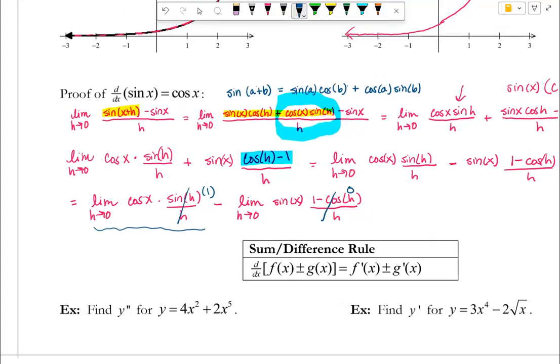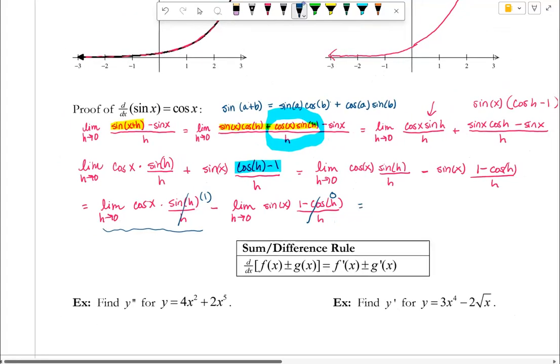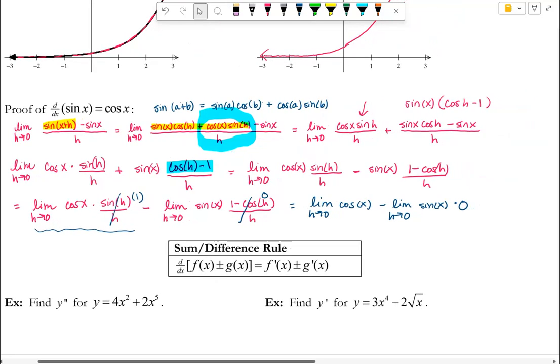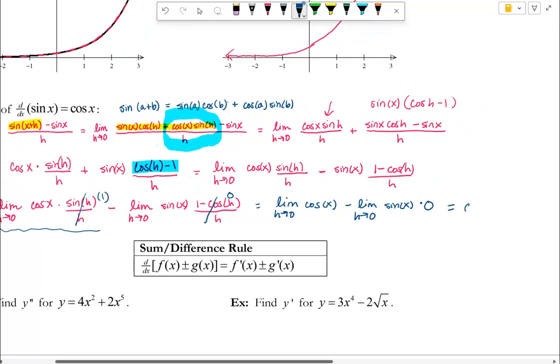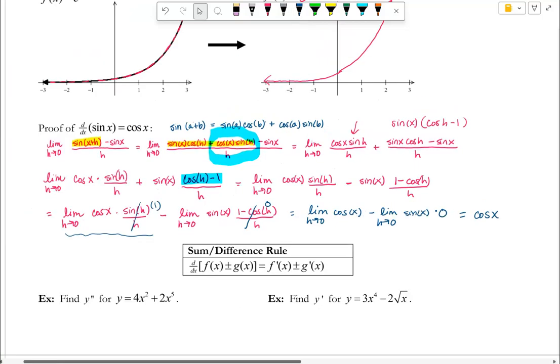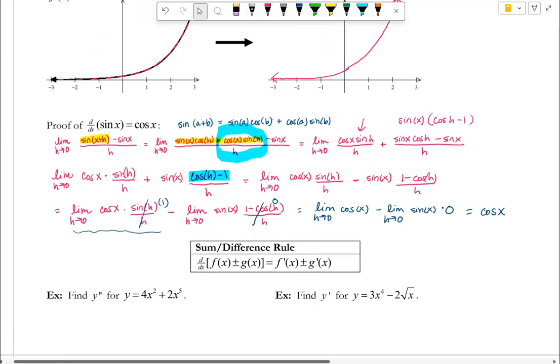So this becomes effectively the limit as h approaches 0 of the cosine of x times 1 minus the limit as h approaches 0 of the sine of x times 0. And so the sine of x times 0 is just 0. So all of that to say, the limit of cosine of x as h approaches 0 is just cosine of x.